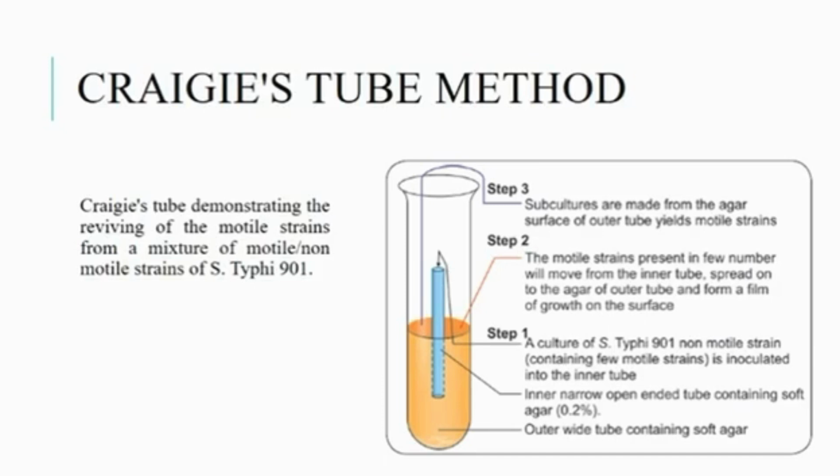Then the motile strains, which are present in few numbers, will move from the inner tube and spread to the agar of the outer tube and form a film of growth on the surface. Subcultures are made from the agar surface of the outer tube, which yields motile strains. So this is Craigie's tube demonstrating the recovery of motile strains from a mixture of motile and non-motile strains of Salmonella typhi.